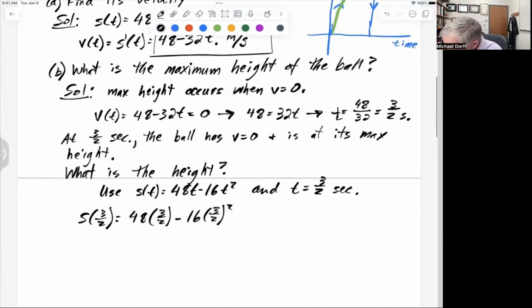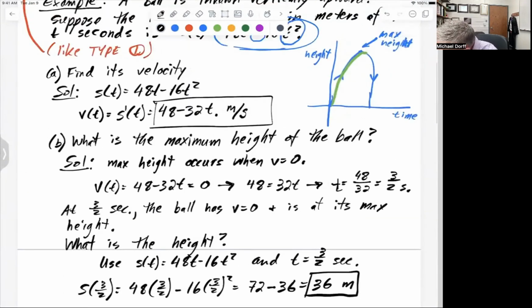All right, and I can work this out by myself, or I can use a calculator or Desmos on the computer to do this. And I'll get 72 minus 36, which is 36, and that's meters. And that's how high up it is. So at its maximum, the time is 3/2 seconds, and the height there gives me a value of 36 meters.